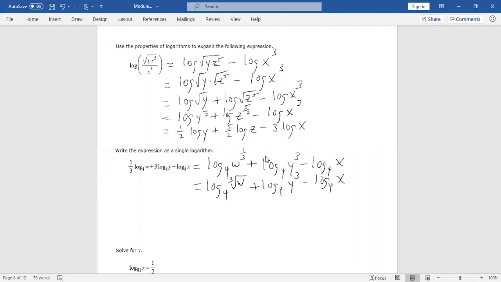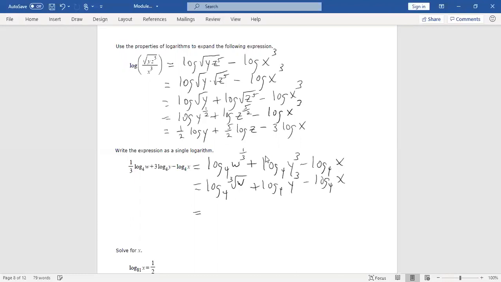Now, after we've reversed the power property and we've taken care of changing it from a rational exponent to a radical, now we can deal with the product and the quotient. Since these first two are being added together, that means we're using the product property.